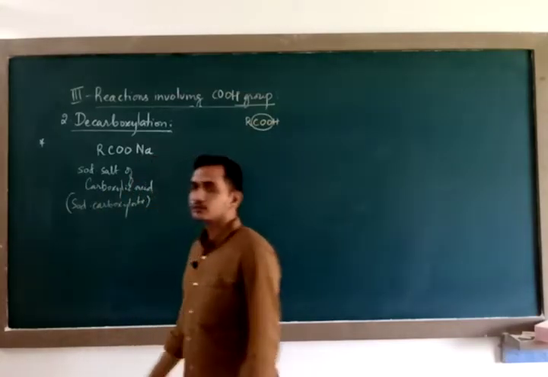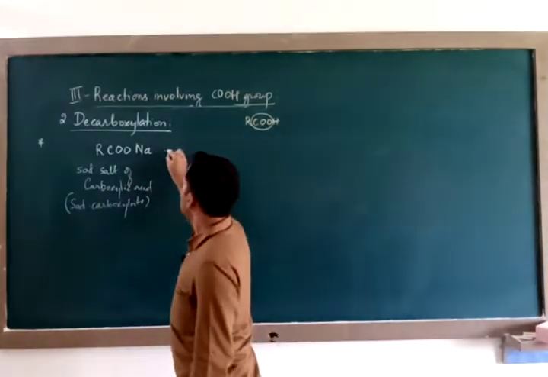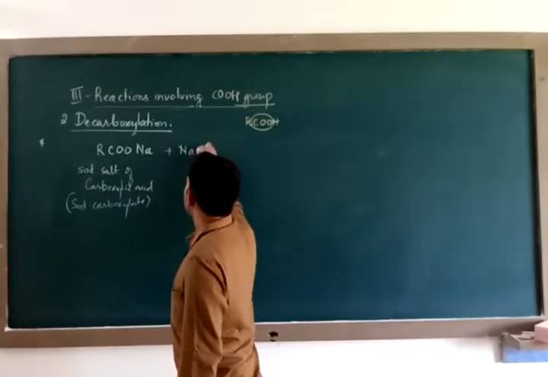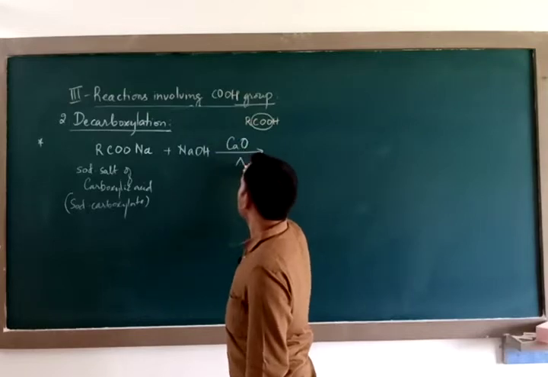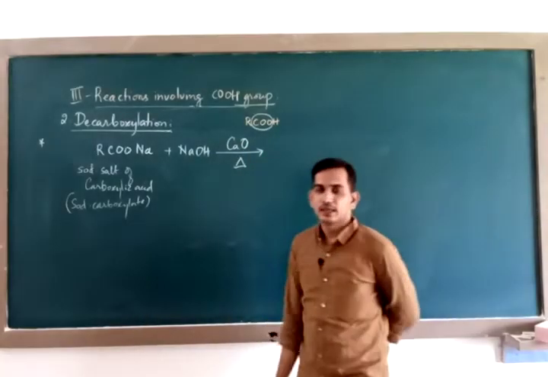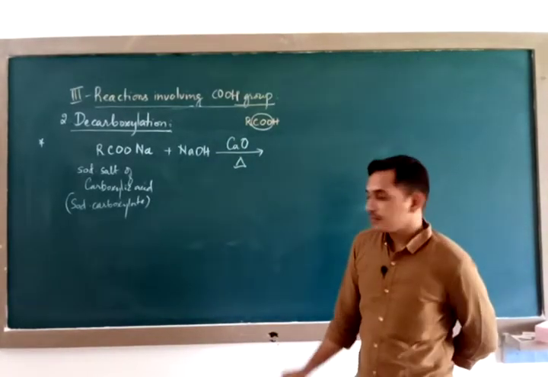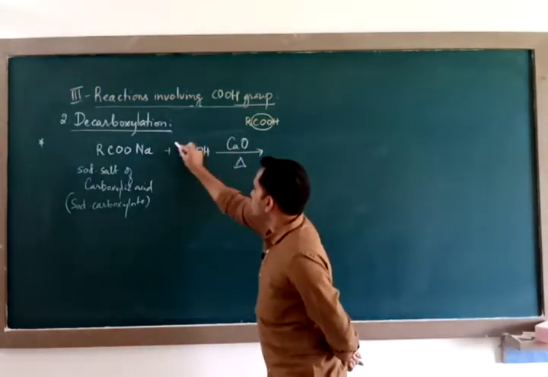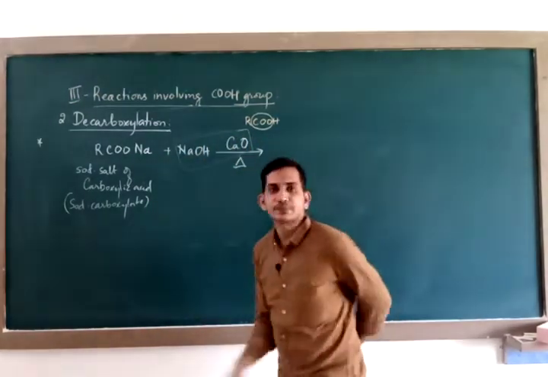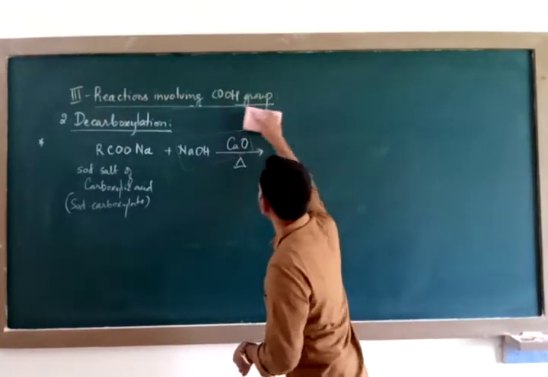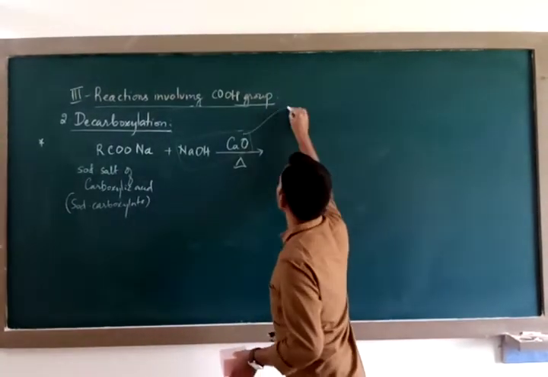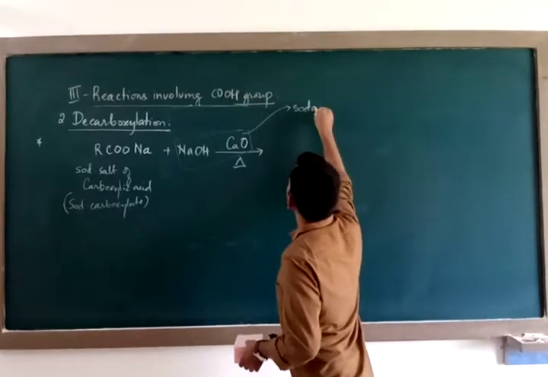Now it is reacted with sodium hydroxide in the presence of calcium oxide and heated. You are supposed to remember what mixture of these two is called. Sodium hydroxide and calcium oxide's mixture is known as soda lime.